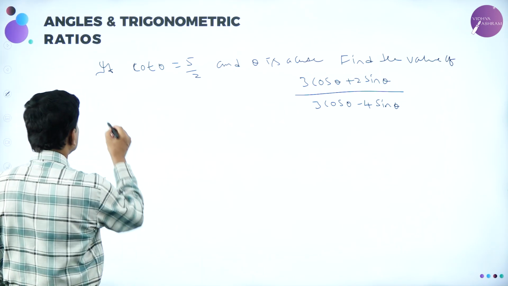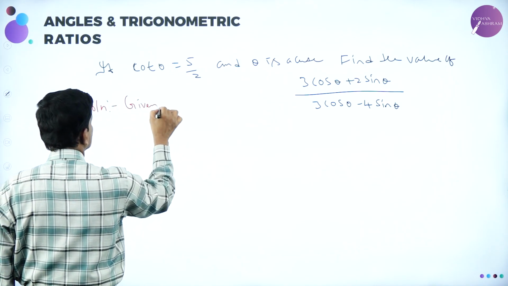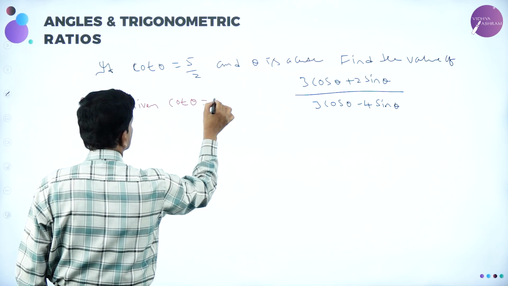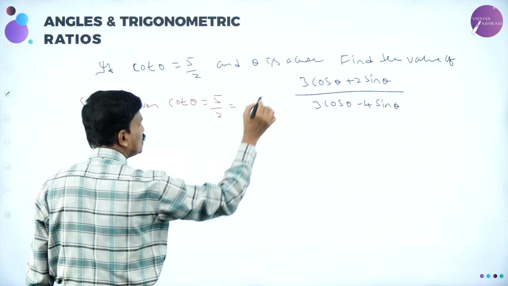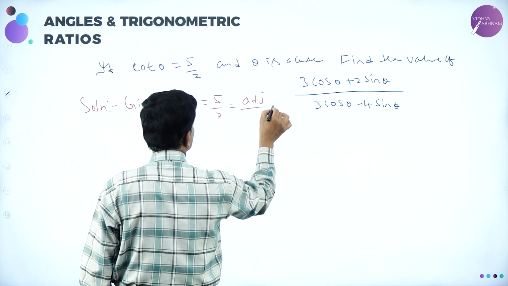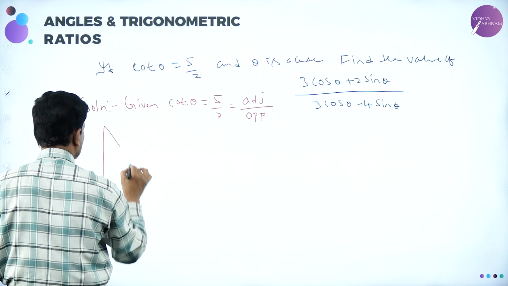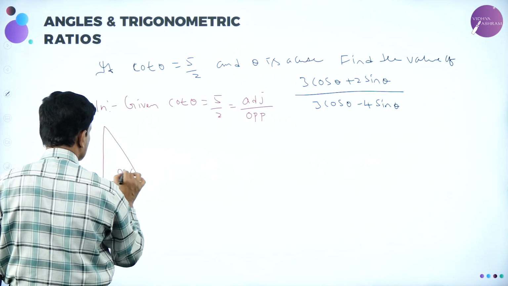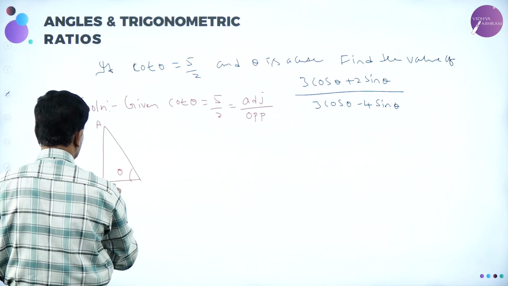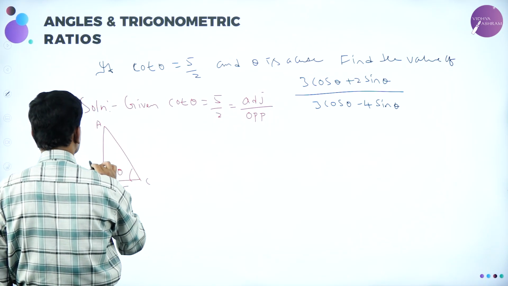Now, the solution. Given cot theta is equal to 5 by 2 and theta is an acute angle. Cot theta is nothing but adjacent side divided by opposite. Now, let us represent theta in a triangle. This is angle theta. Let us call it A, B, C. Adjacent is 5 and opposite is equal to 2.